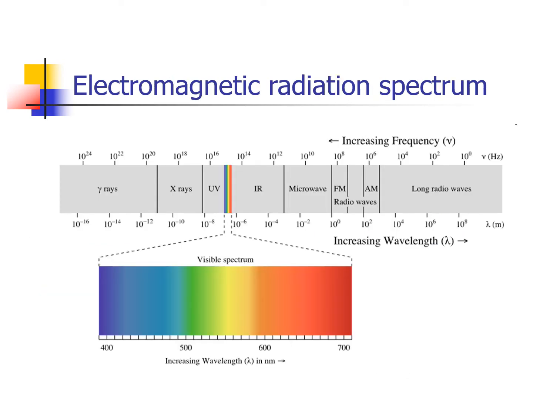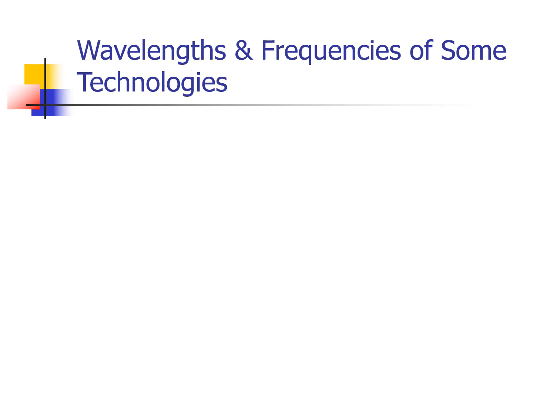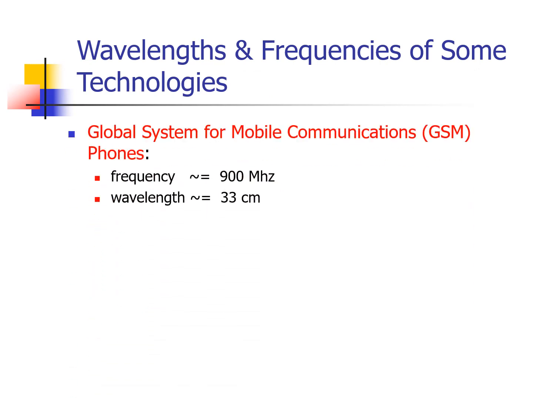The electromagnetic spectrum shows the frequencies and wavelengths of the electromagnetic waves, which are important in wireless communication. Some technologies use the following values for wavelengths and frequencies.